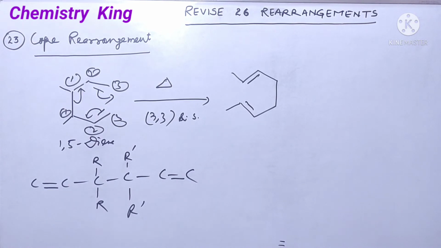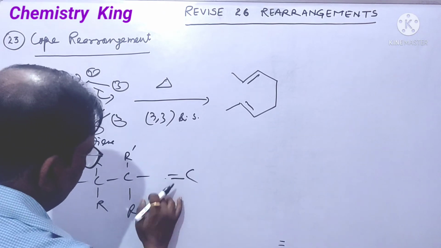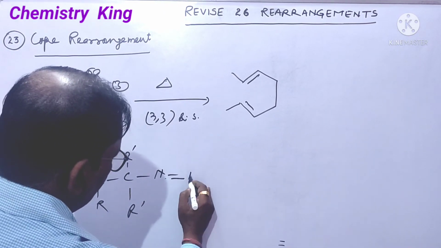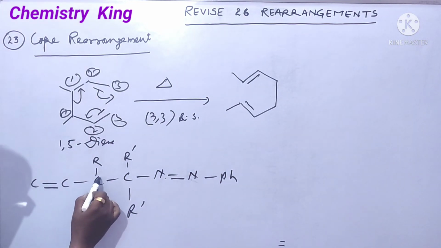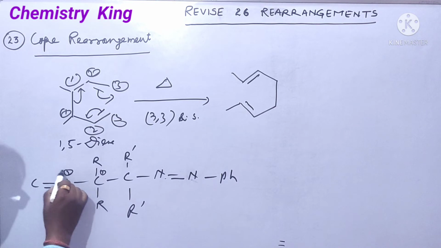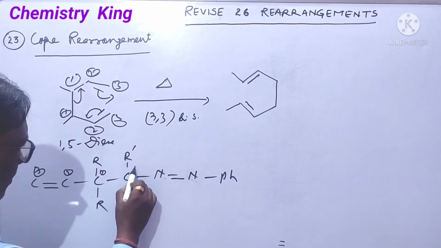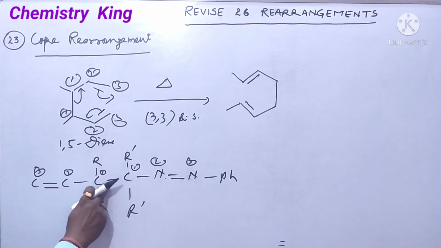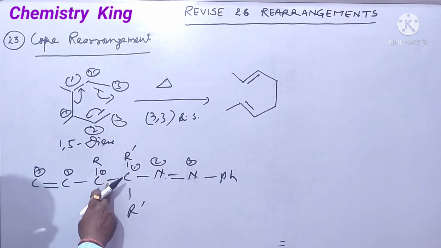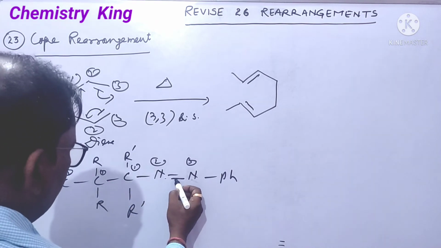Suppose nitrogen is here, 1, 2, 3, 4, 5, 6. Nitrogen is here, and here Ph, phenyl group. That means 1, 2, 3 position and here 1, 2, 3 position. This bond will cleave. It will come here.